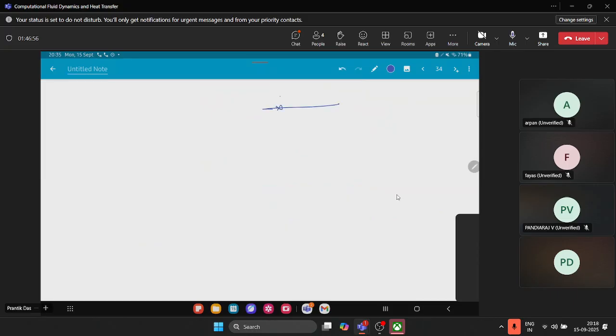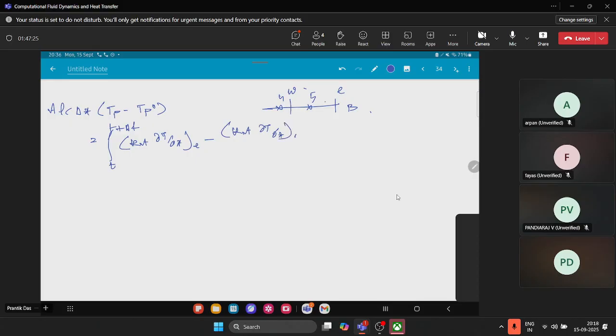This fourth and fifth point itself. So this one is east, this one is B, this one is small w. So in the same way, A rho C delta x (Tp minus Tp naught) equals to A dT/dx east minus A dT/dx west, multiplied by delta t.